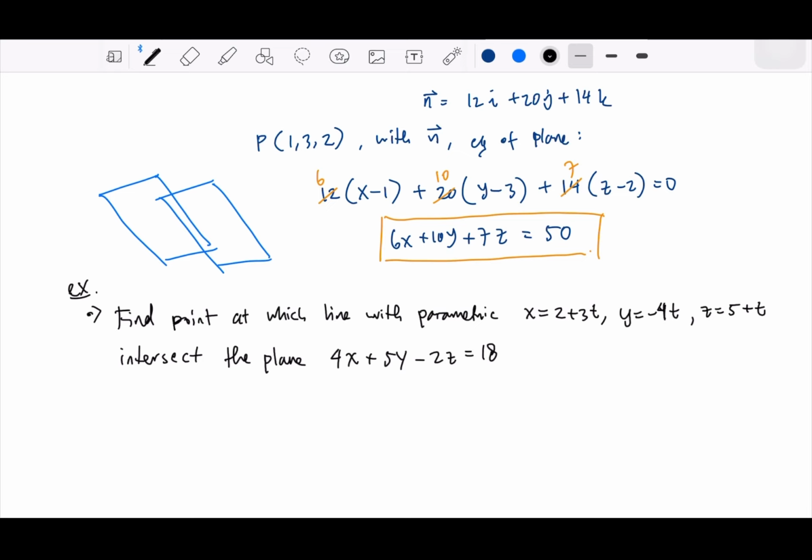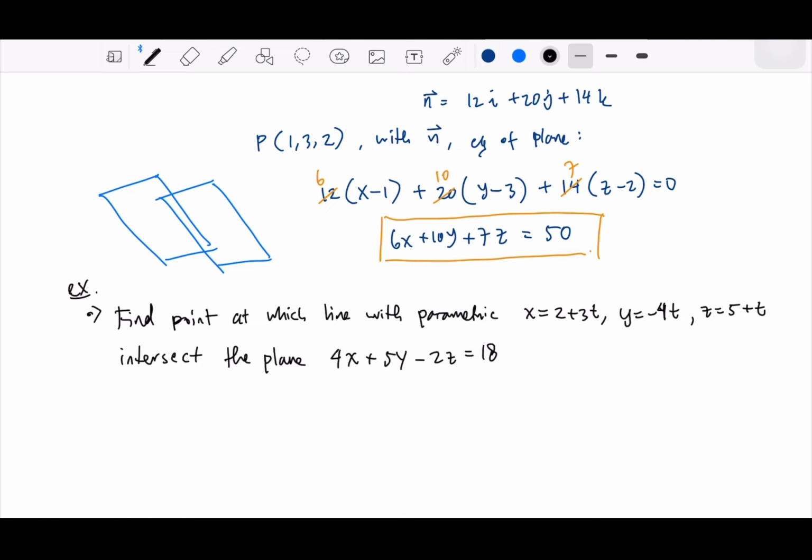So assume this is true, and the line will intersect the plane, which means that at some point they need to be equal. So we can equate this parametric form with this plane, exchanging this x with the parametric expression, and we are looking at when the plane and the line will intersect.